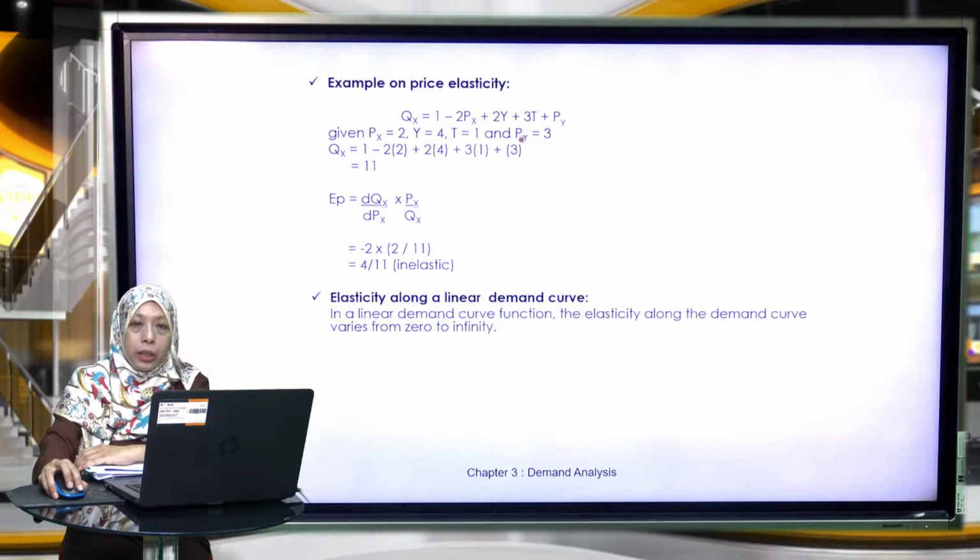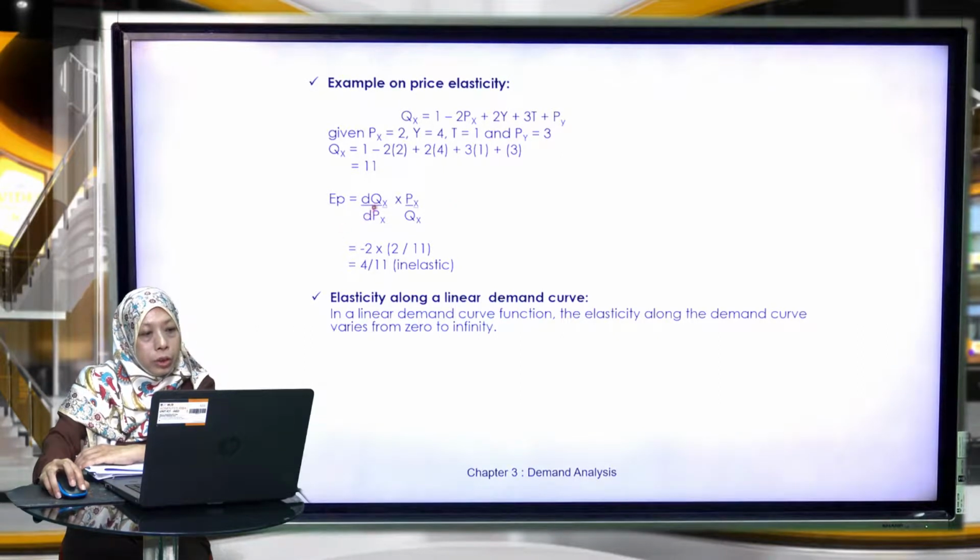Now, when you want to calculate price elasticity of demand using the point elasticity formula, remember you need to differentiate your demand function with respect to its price, and then multiply by price and divide by quantity.